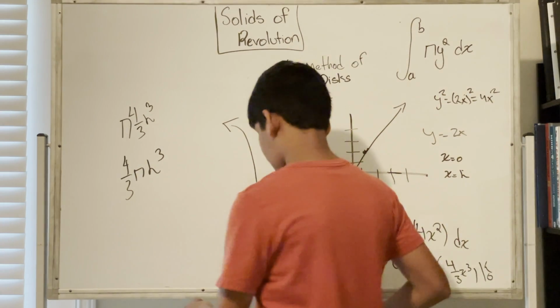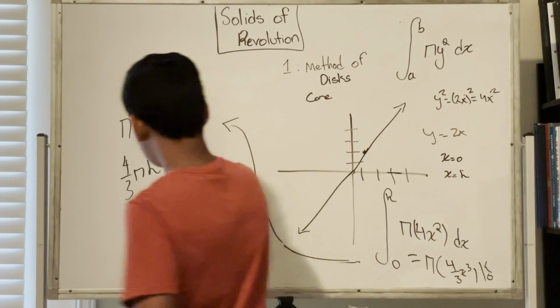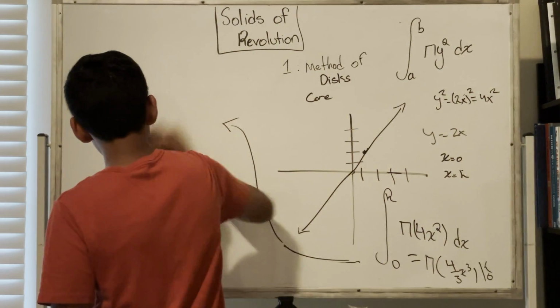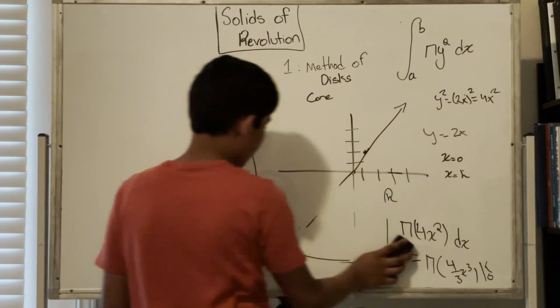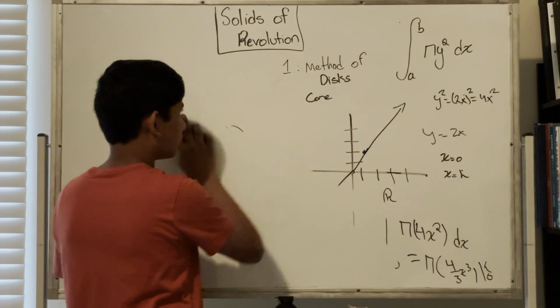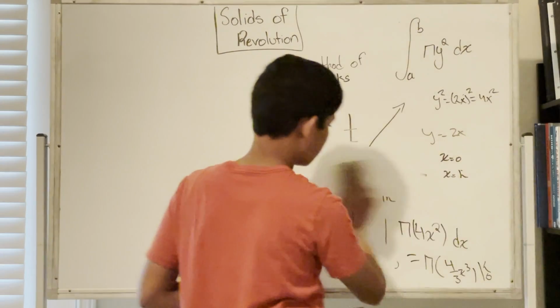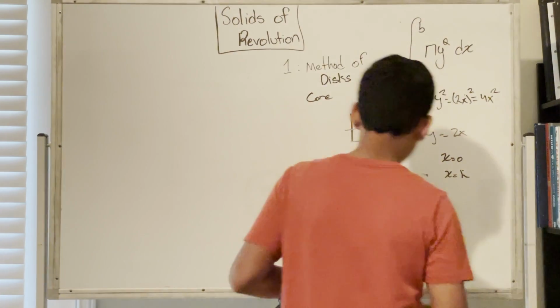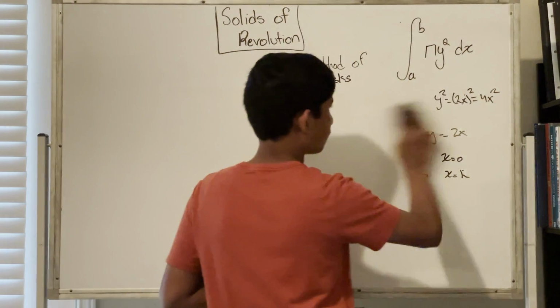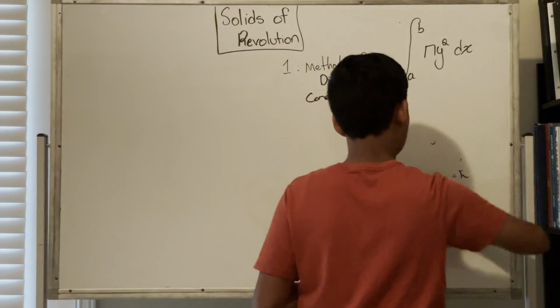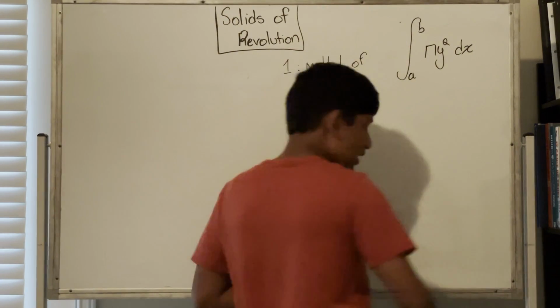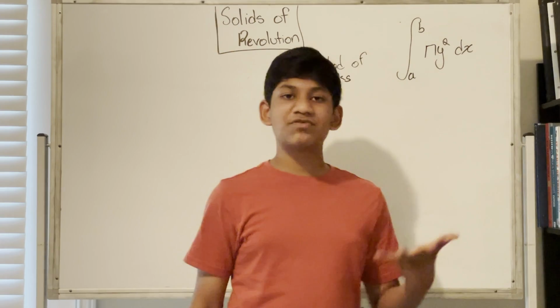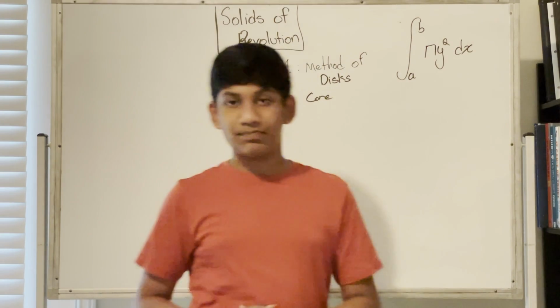Okay. Now that we've got this, let's look at the last problem which we're going to be covering. The last problem which we're going to be covering is from the book Calculus by Morris Klein.